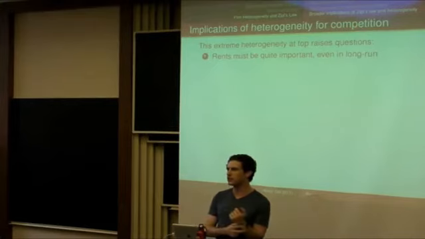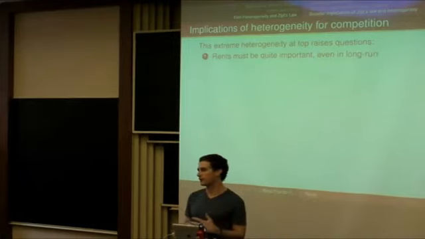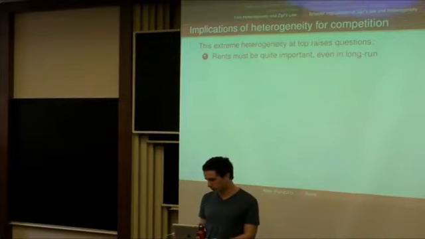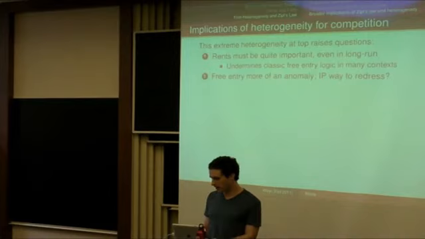And the long-run adjustment is probably going to happen by the superstar effect or things like that, rather than by more firms entering the industry. And this fundamentally undermines the logic of free entry that a lot of economics depends on.